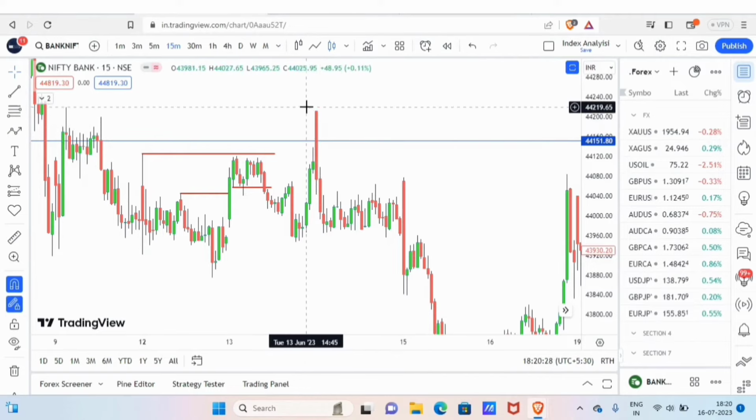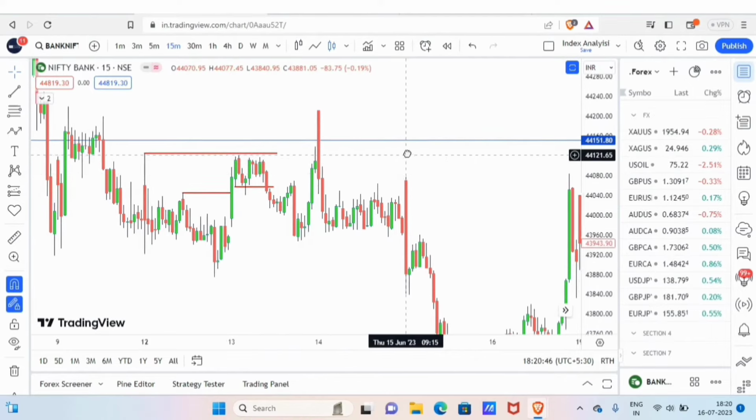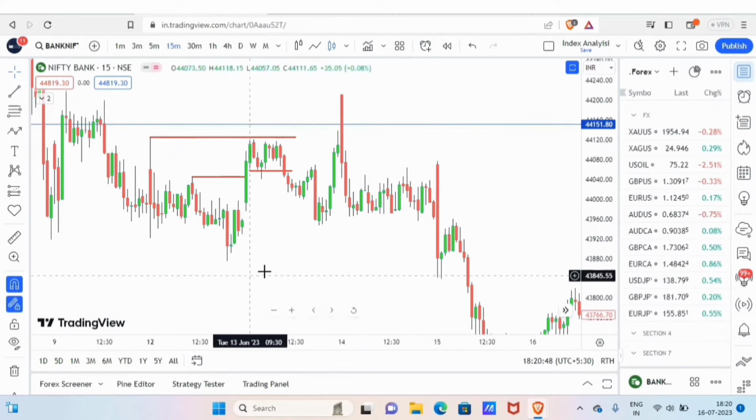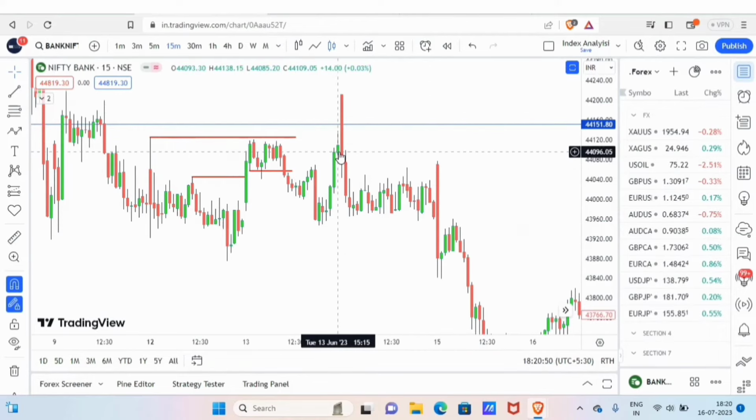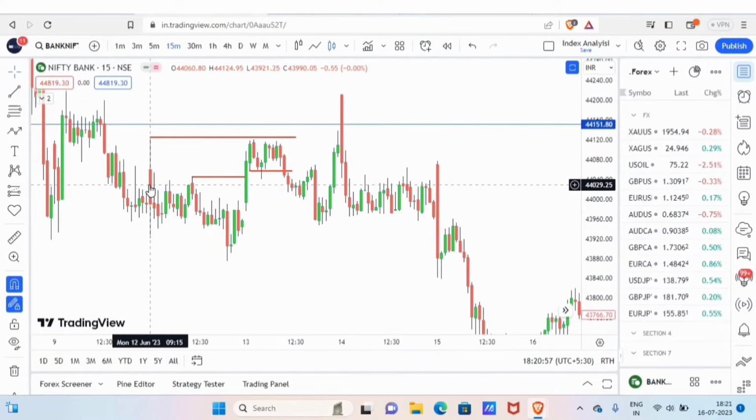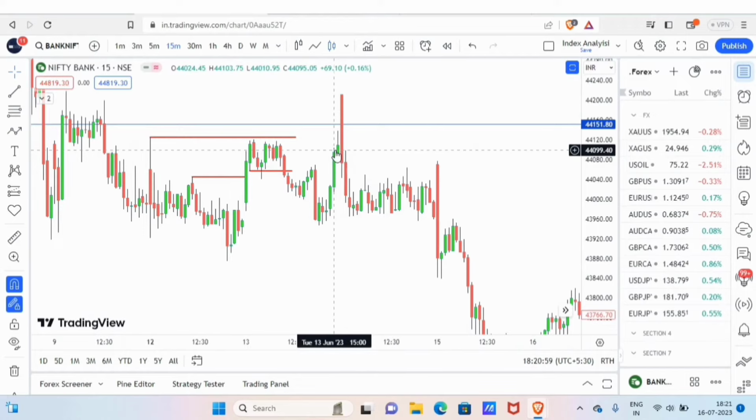Instead of closing green, it came down and closed, so this candle itself is a breakout failure candle, and it closed below the previous day's high candle. If we see here on 13th, they tried to close above the 12th high, but it came down and closed. So here itself is a sign of weakness.